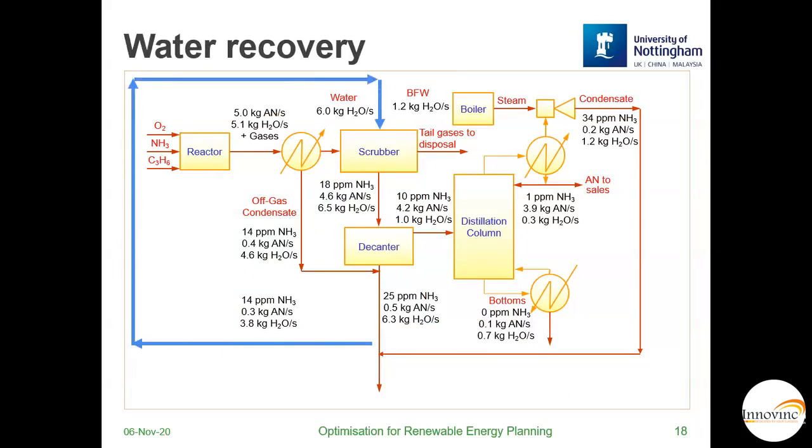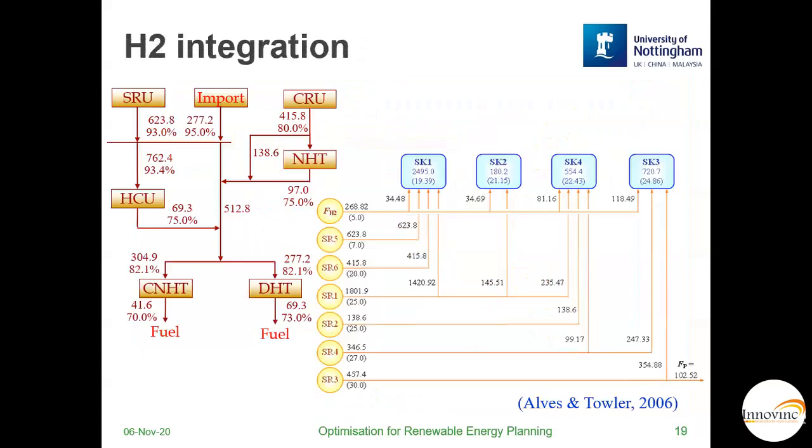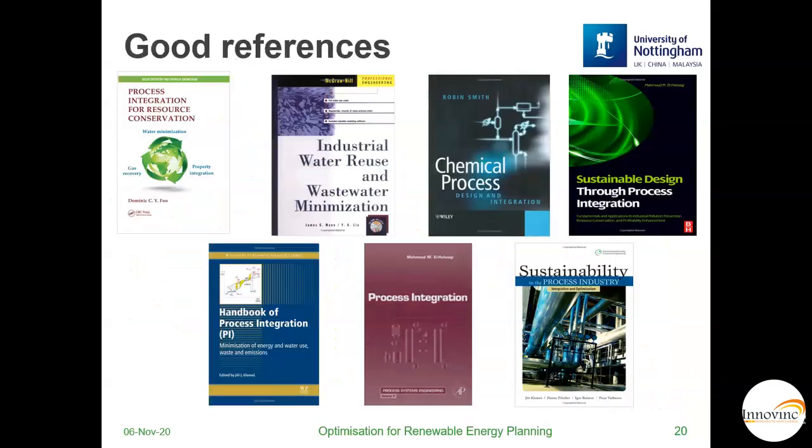You can apply this for water recovery, to cut down your fresh water intake as well as wastewater flow rates. If you apply it to hydrogen, you can cut down the imports of hydrogen in the refinery and reduce the purge streams. That also means minimizing waste as well as CO2 indirectly.